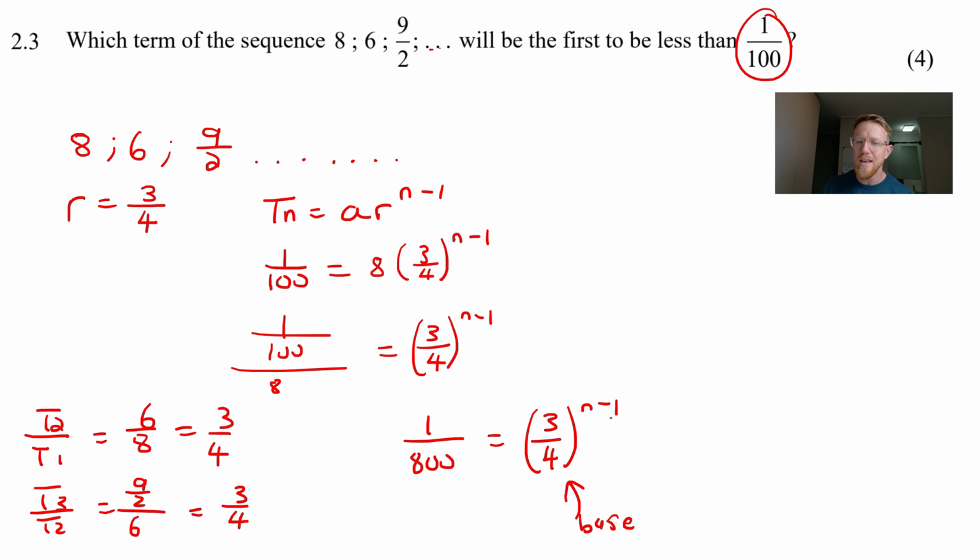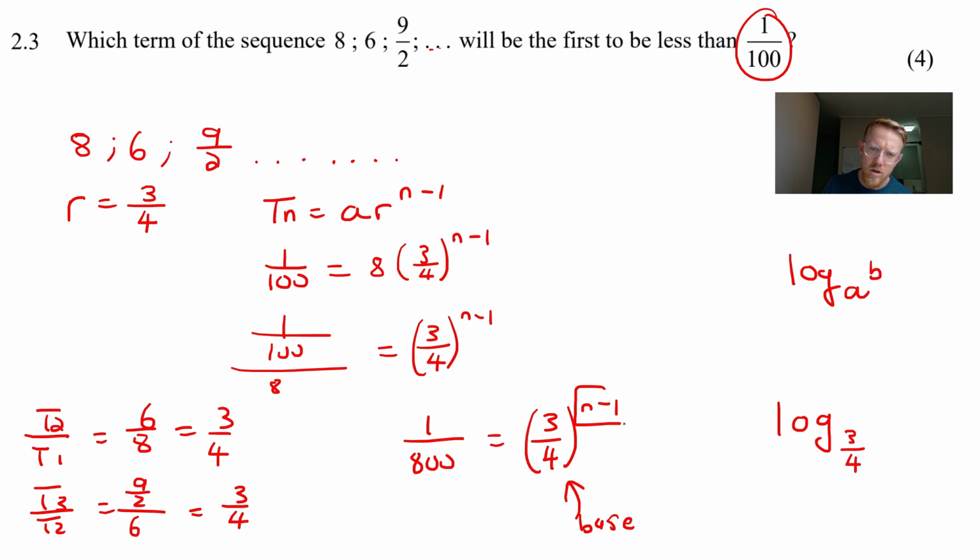Now, when you switch this to a log, I want you to keep the 3 over 4 as the base. When you write out a log expression and you've got an a and a b, the part at the bottom is called your base. So when you write out your log expression now, the base stays the base. So we're going to say 3 over 4.